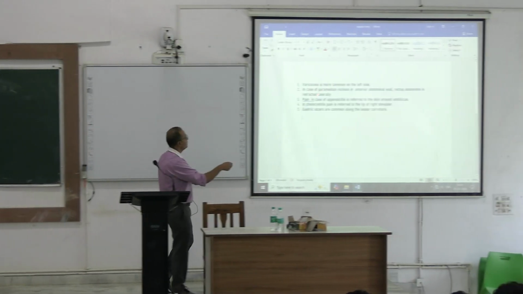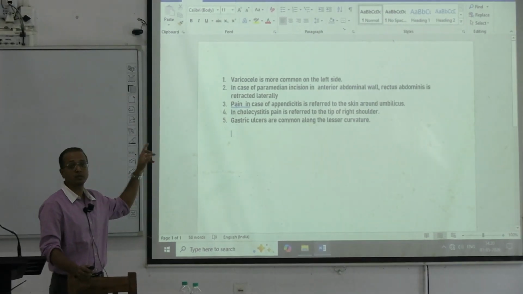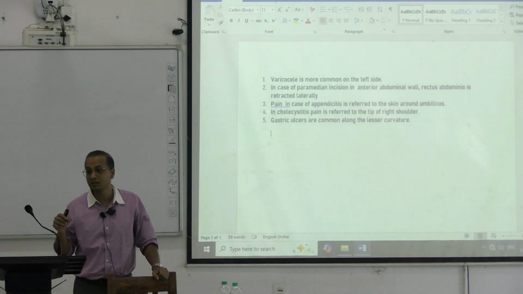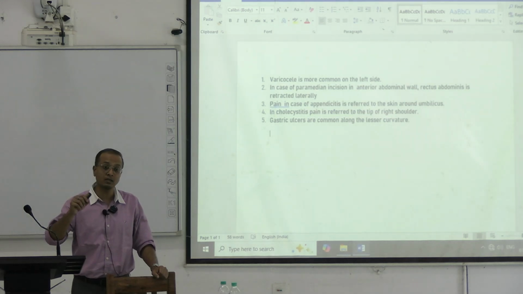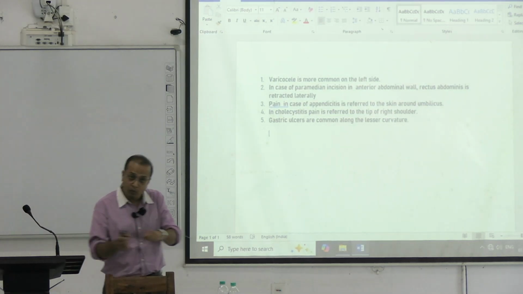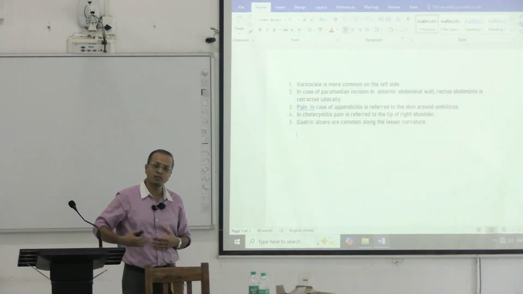Say, for example, paramedian incisions in the abdominal wall: how is the rectus abdominis retracted? You are pulling this muscle if you are going to do a surgical incision. Now you are saying that you pull this muscle to the lateral side. Now what is the logic? Why are you not pulling it to the medial side? Because we have the neurovascular structures coming from the lateral side.